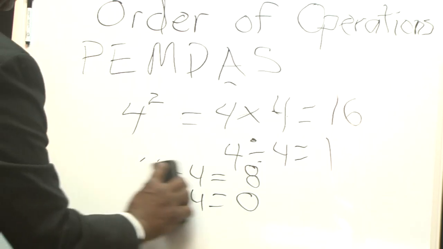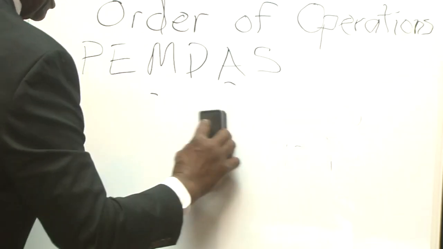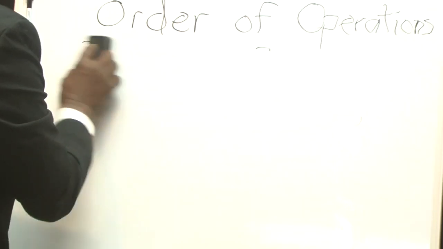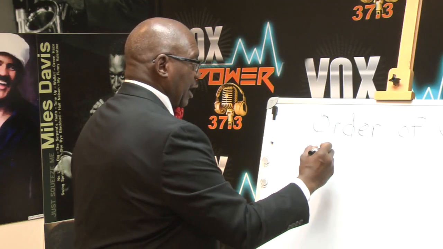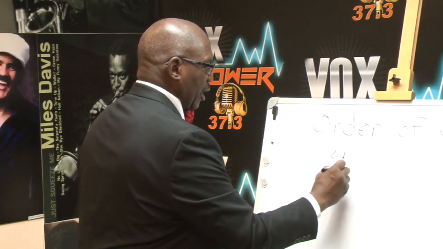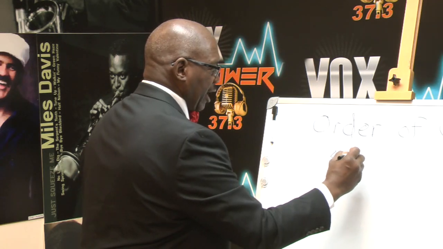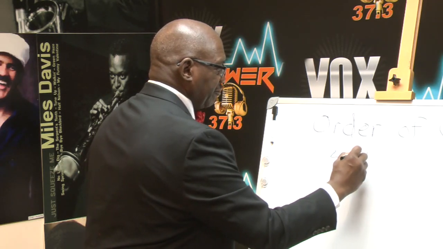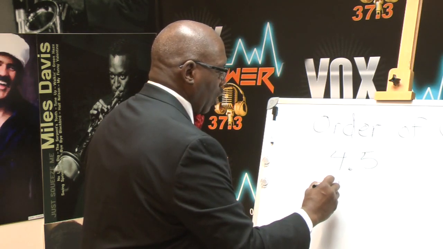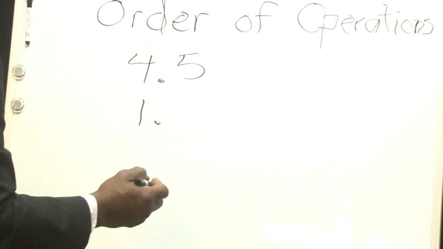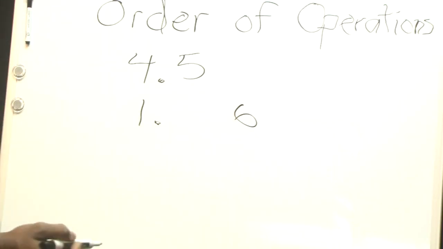Now, of course, neatness. Whenever we're working on our problems, it's always imperative that we line things up. For example, if we have 4 and 5/10, and we add 1 and 6/10, we don't want to put that 6 way out here.